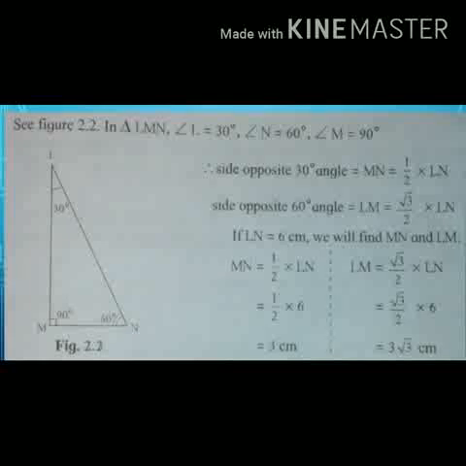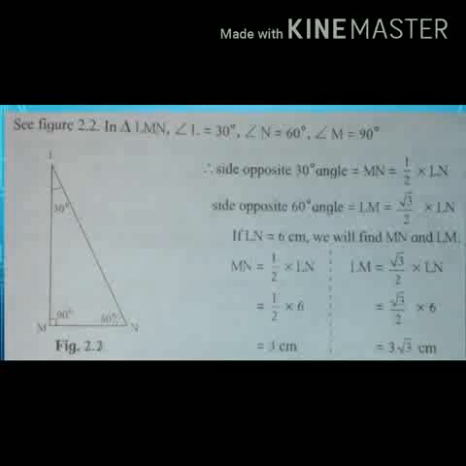According to this property, the side opposite to 30-degree angle is MN and the value of MN is equal to 1/2 of the hypotenuse, means MN is equal to 1/2 into LN.